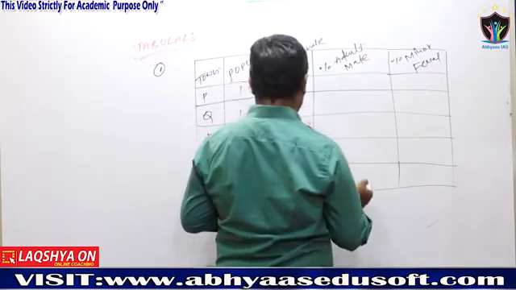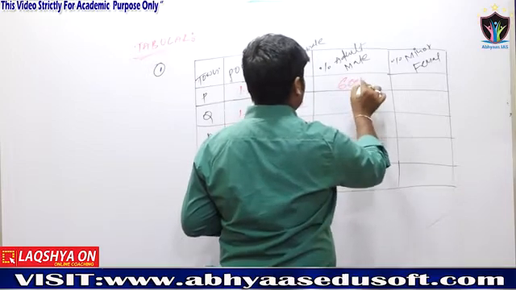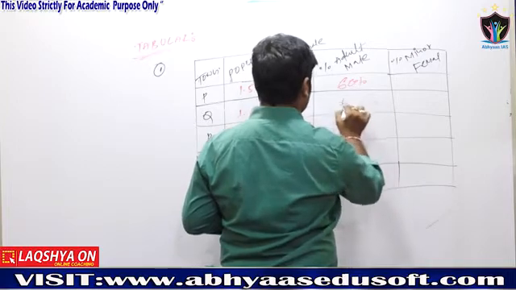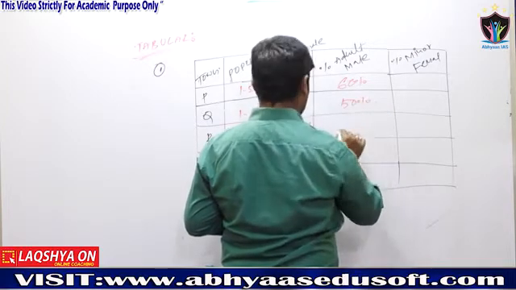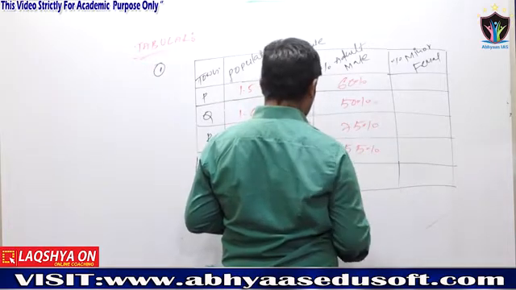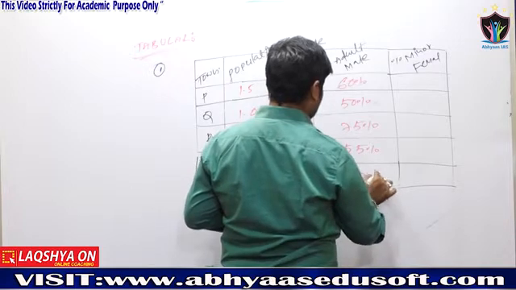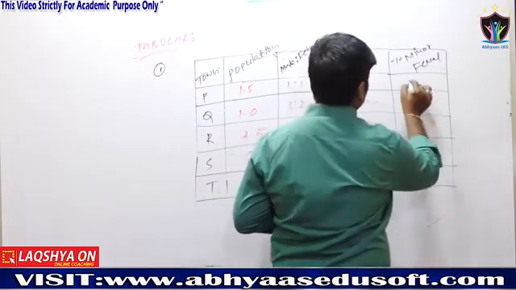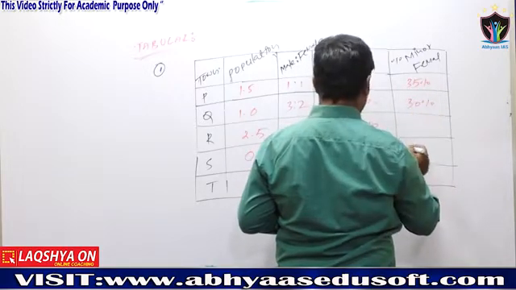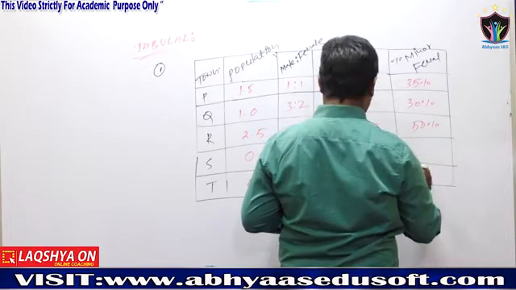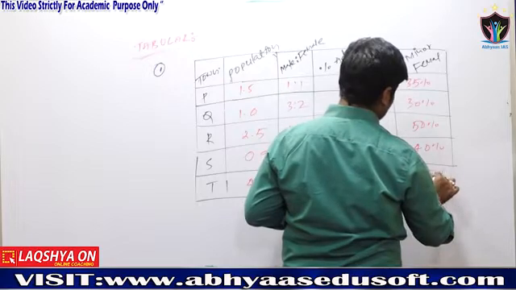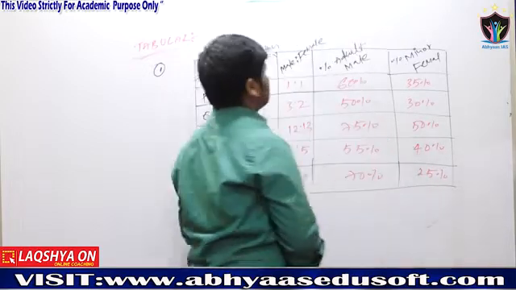Adult males: 60%, 70% sorry, 50%, 75%, 55%, 70%, and here 35%, 30%, 50%, 40%, and 25%, right?